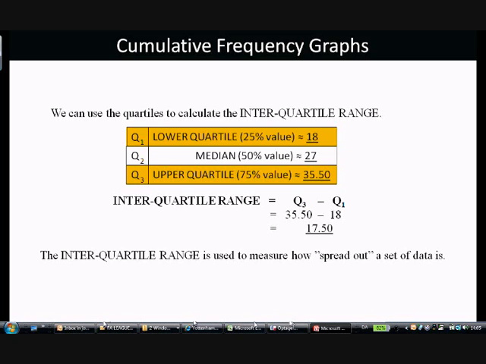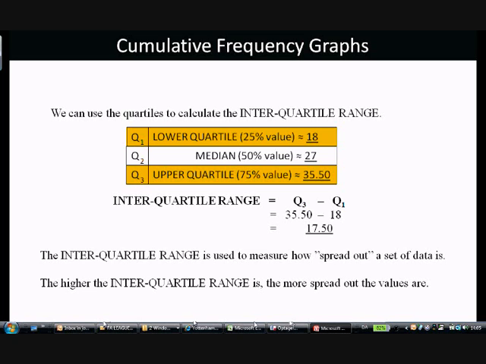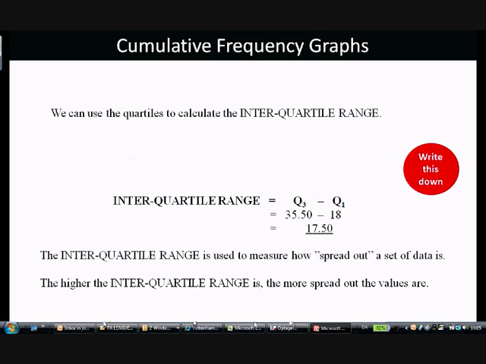And you use that to measure how spread out a set of data is. The higher the interquartile range, the more spread out the values are. So just write that down.